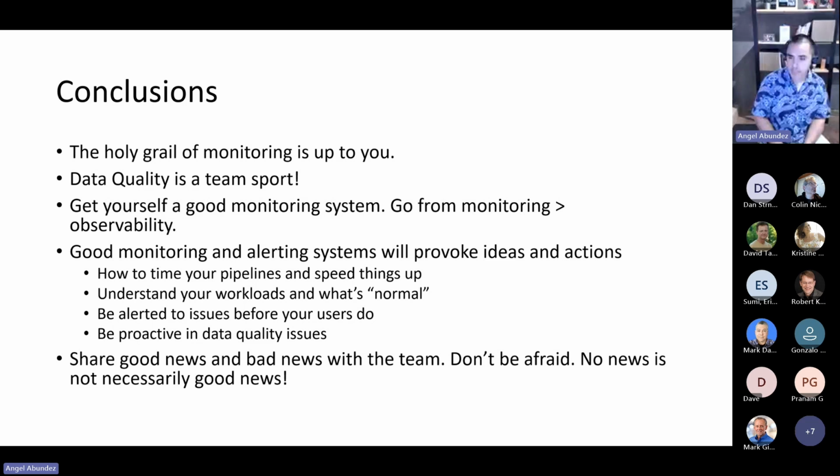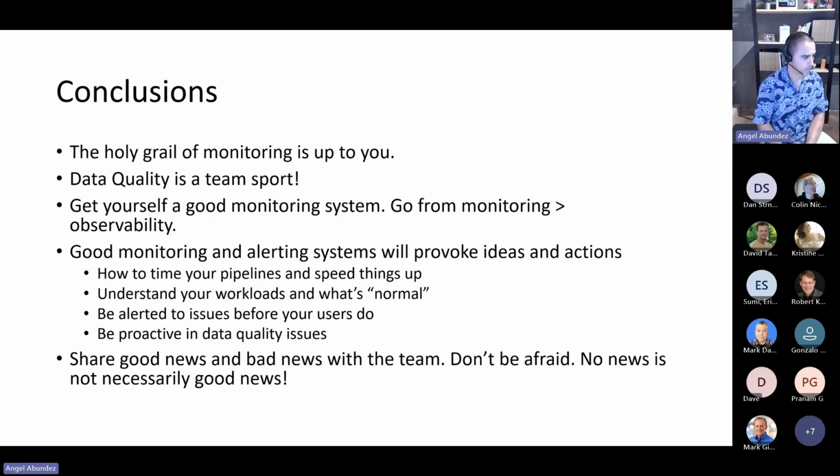And then lastly, share the good news and the bad news with the entire team, your team of BI analysts, data scientists, or whatever. No news is not necessarily good news.